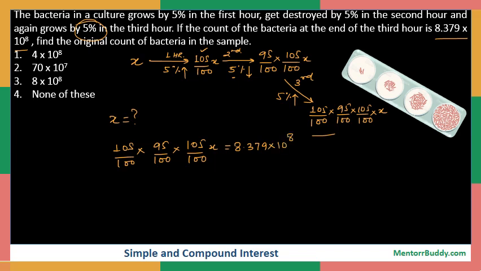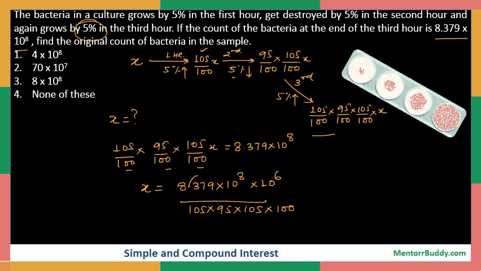If we rearrange the values and put it equal to X, this becomes 8.379 multiplied by 10 to the power 8 multiplied by these 100s will make as 10 to the power 6, divided by 105 multiplied by 95 multiplied by 105. If we remove the decimal, we'll get 1000 in the denominator.